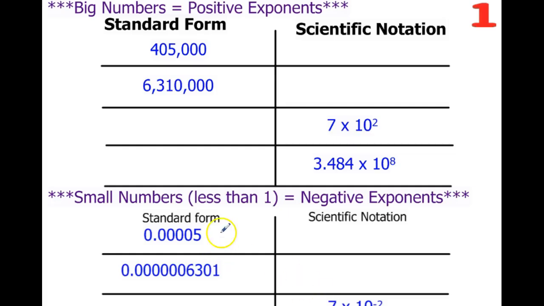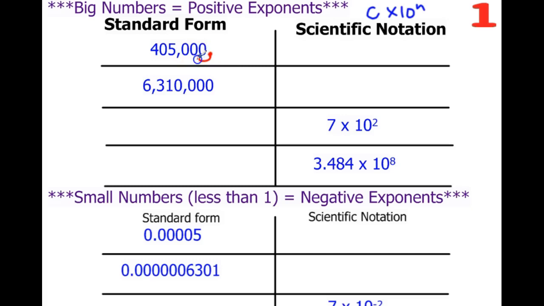So how do we move from standard form to scientific notation? I'm going to write up here c times 10 to the power of n. C again is just that number that's between 1 and 10. So we need to figure out what number could we go here that we could multiply by 10 multiple times in order to get to our answer. So right now our decimal is right here. Now if we move over one time, that's like multiplying or dividing by 10.